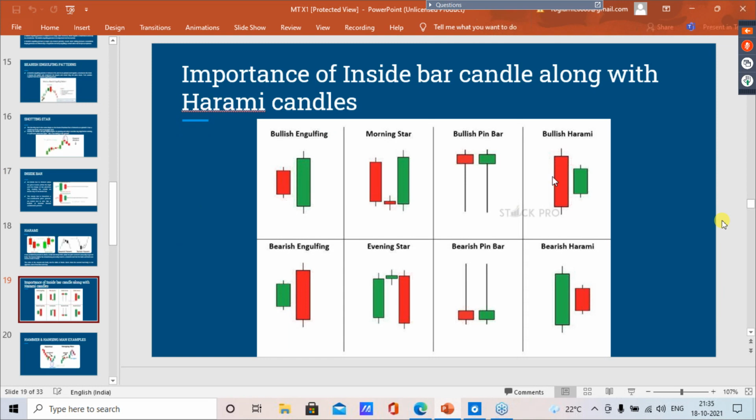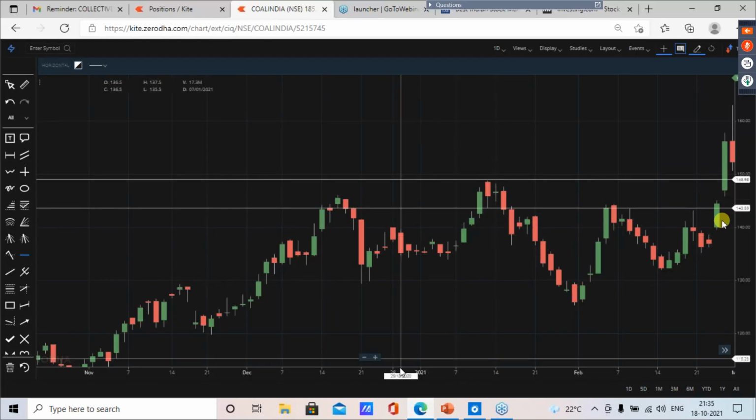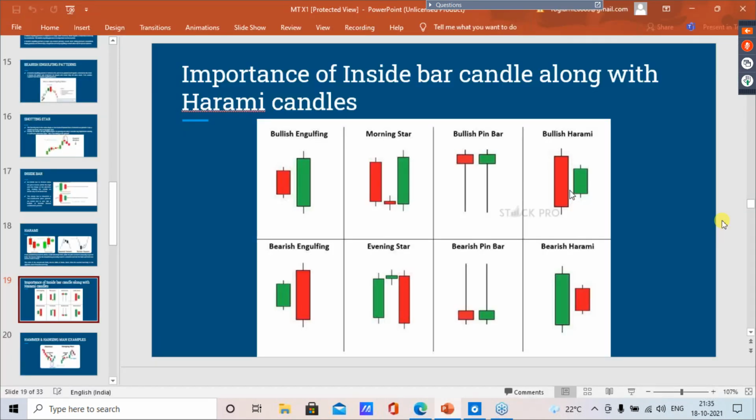There should be a red candle followed by a small green candle, right? So yes, it is bearish Harami. We have a red candle followed by a small green candle. Don't worry about the body, you need to see the length. Bullish Harami, yeah.